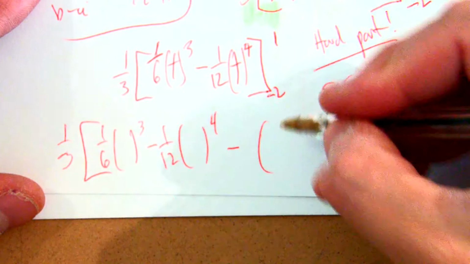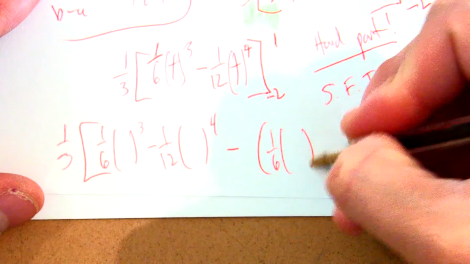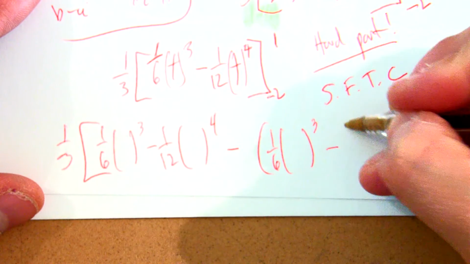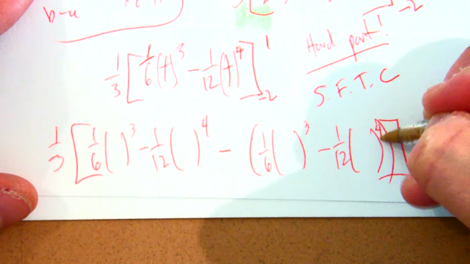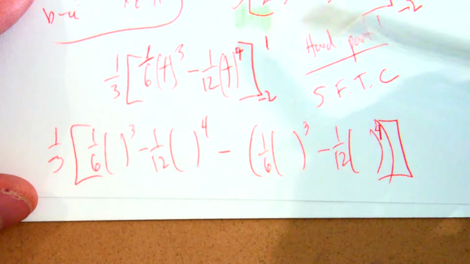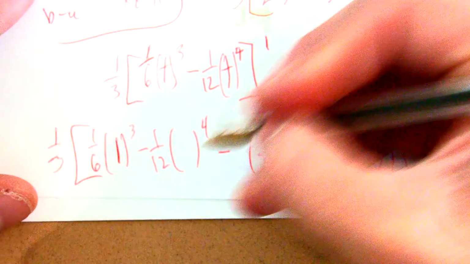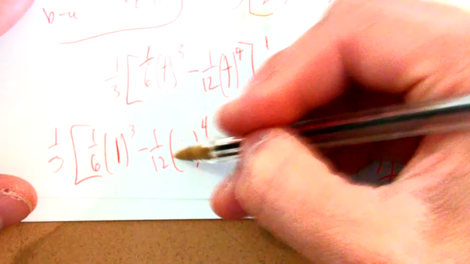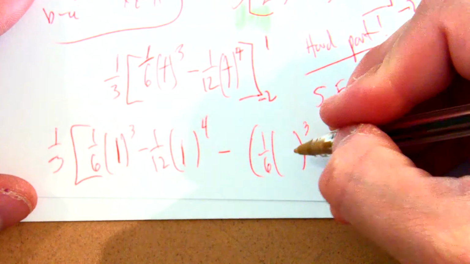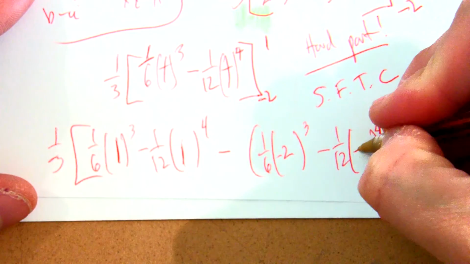And what goes in here? 1/6 blah blah cubed minus 1/12 blah blah to the 4th. And now I plug in my limits of integration, and what do we get here? This is 1, 1, right? And negative 2, negative 2, right?